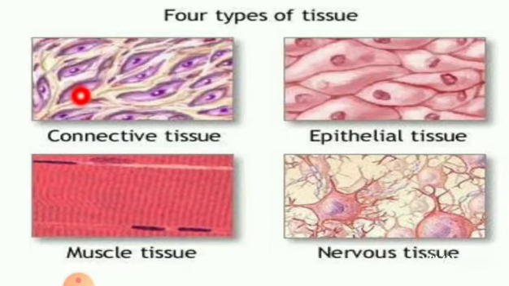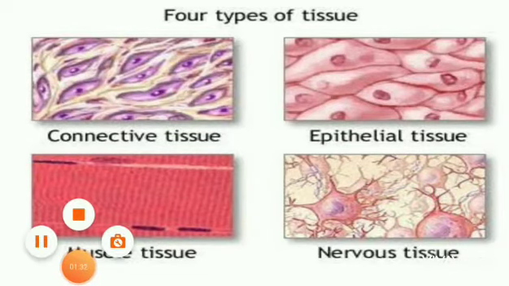The role of connective tissues is for binding different structures of the body. The role of muscular tissues is for movements and locomotion. Epithelial tissues are used for protection. Nerve tissues are for conduction of nerve impulses.